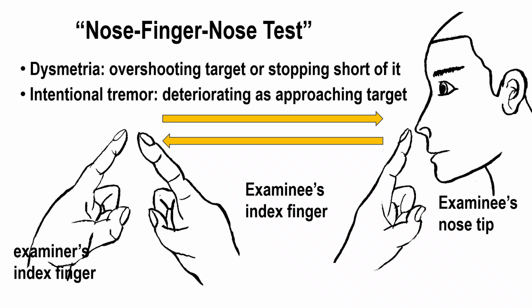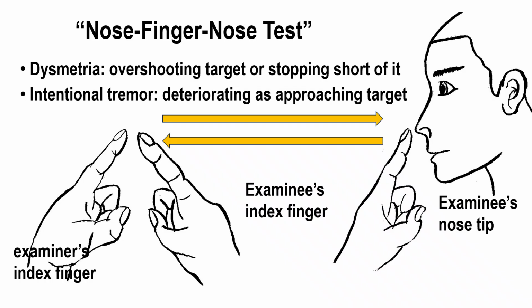An examinee is asked to touch the tip of one's nose with the tip of one's index finger, and then repeatedly move that fingertip back and forth between the examiner's index finger and the examinee's nose. The examiner's index finger should be placed at the position where the subject can just reach it with their elbow extended.